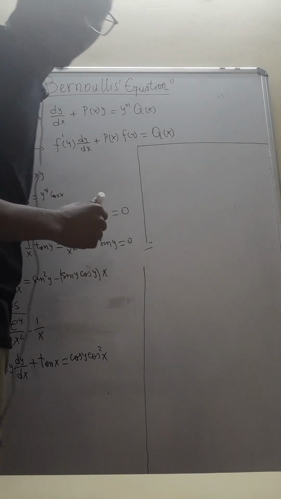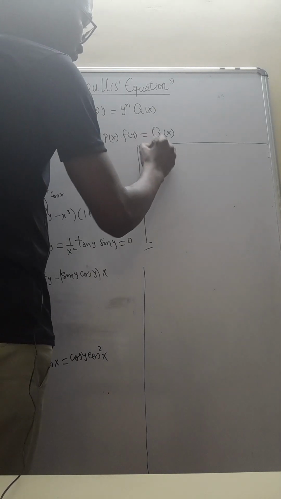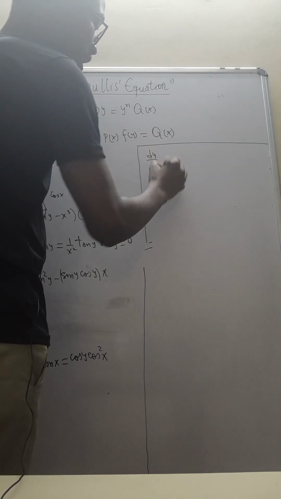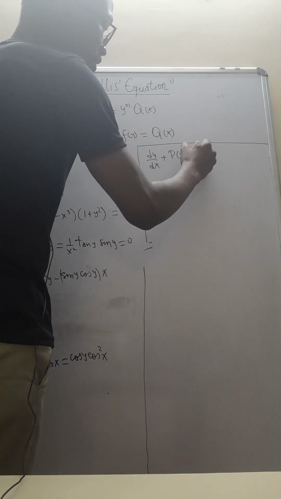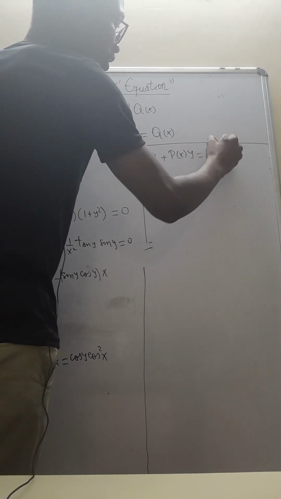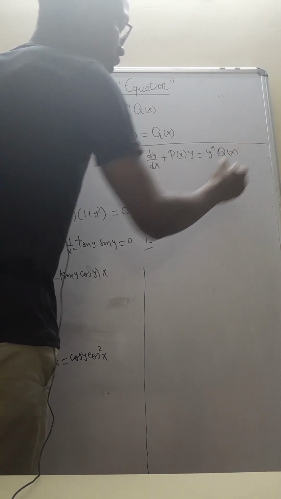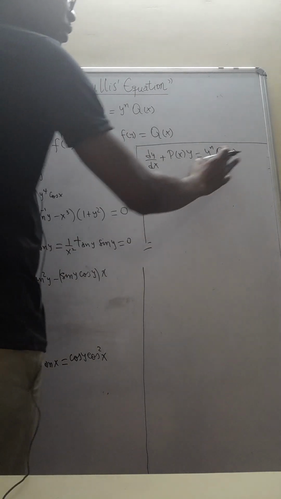So here we have dy by dx plus p of x, y equal to y raised to n, and here q of x. Nice. So what do we have to do?